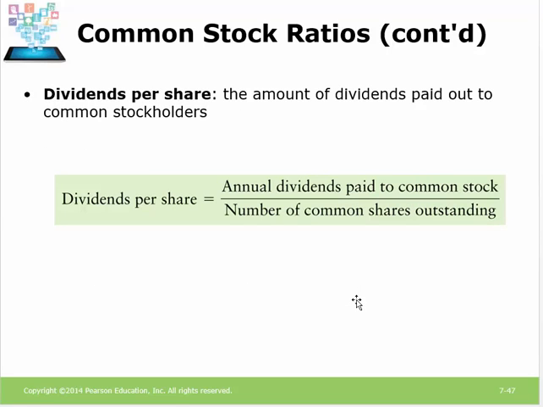The dividends per share is a very common calculation. It's just the amount of dividends paid to common stock divided by the number of shares. So this basically tells me how much each share got paid with respect to dividends.